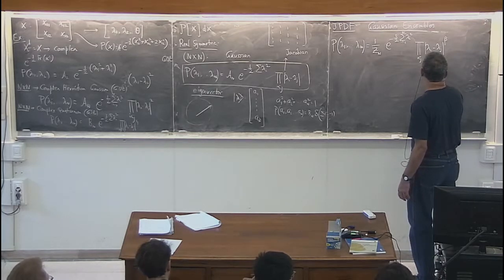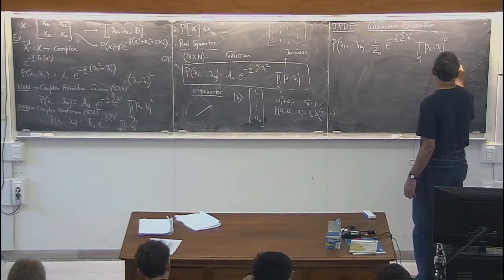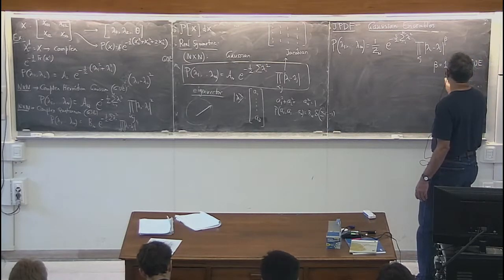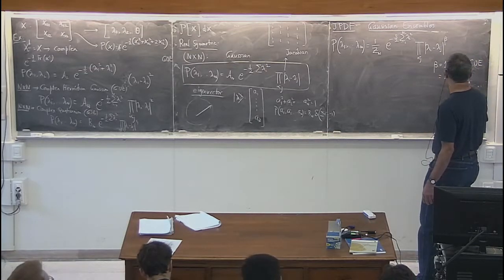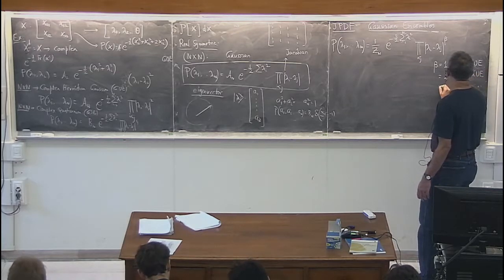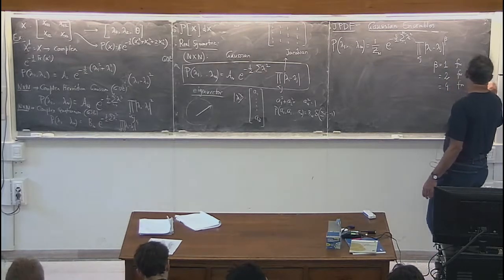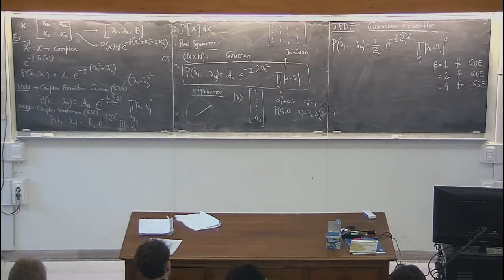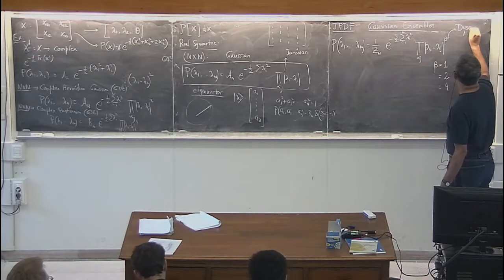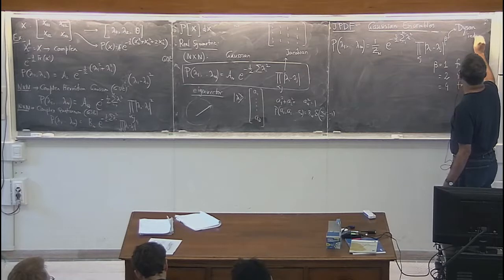Okay, it has three values: equal to 1 for GOE, 2 for GUE, and equal to 4 for GSE. Okay, so this is called the Dyson index. And again, I re-emphasize that this is the term which makes the eigenvalues correlated.